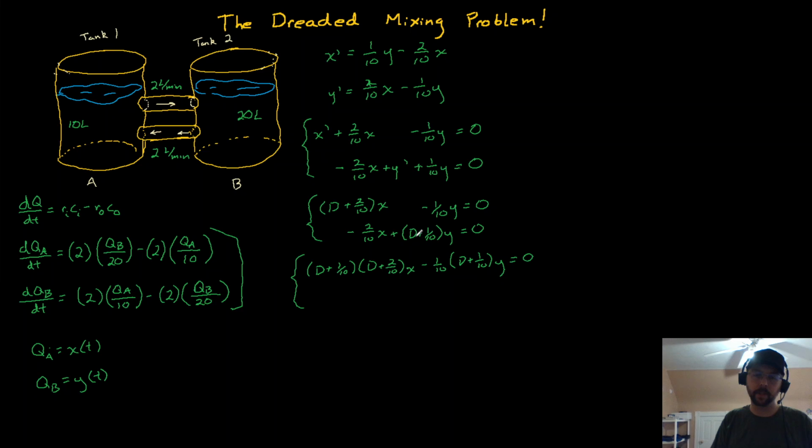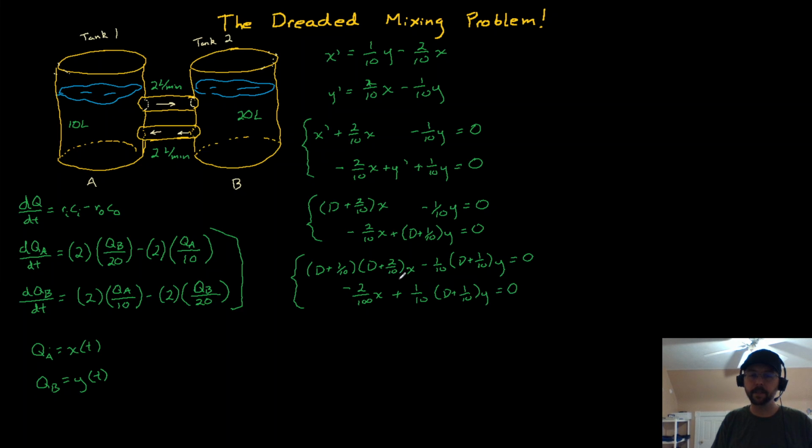On the bottom, we're going to multiply by 1 over 10. So this will be negative 2 over 100 x plus 1 over 10 D plus 1 over 10 y equals 0.